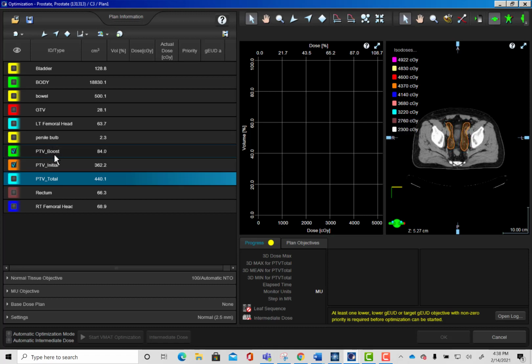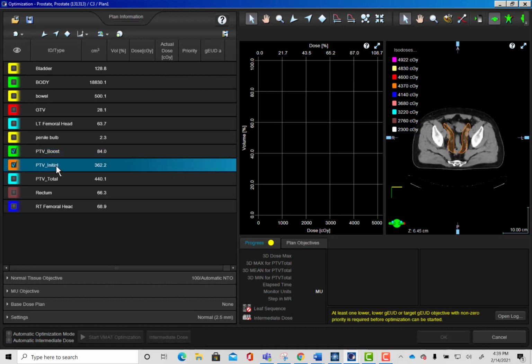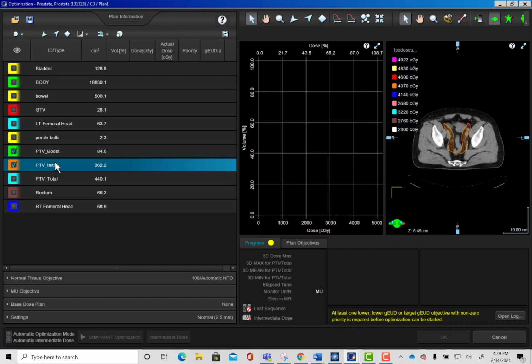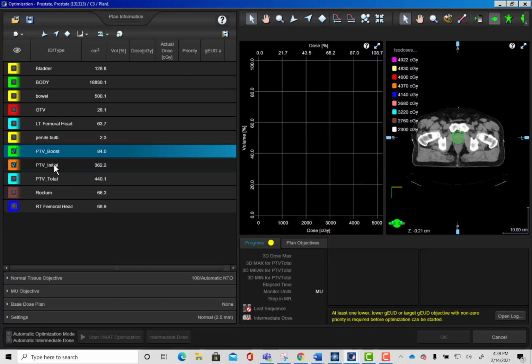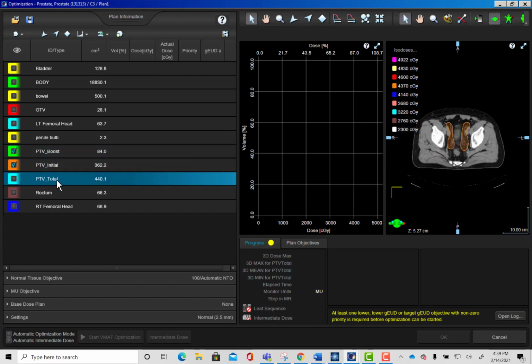I could be only covering 90% of this boost volume, but I could have really good coverage on this initial, so like 98, 99% coverage, right? Just because I have 95% on this total doesn't mean I'm covering both of these super well. I want to make sure I'm covering both of these individual volumes by at least 95%. So in the end, this PTV total is probably going to have more than 95% coverage.